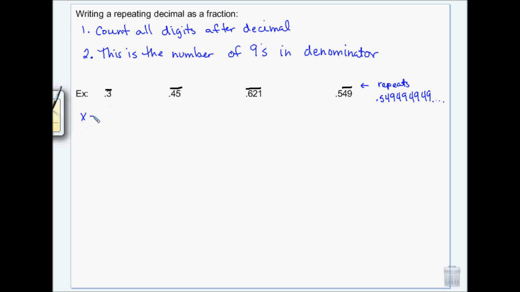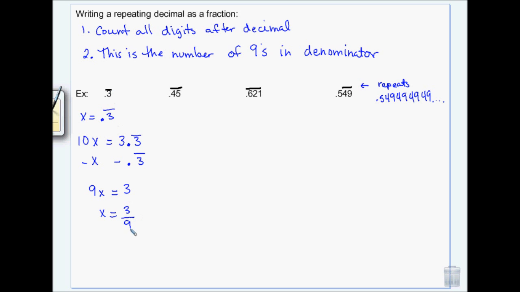If I say x is 0.3 repeating, there's one decimal place. So if I multiply by 10, 10x is going to be 3.3 repeating. And if I subtract x from here, that's the same thing as subtracting the 0.3 that's repeating. And I get 9 in the denominator.